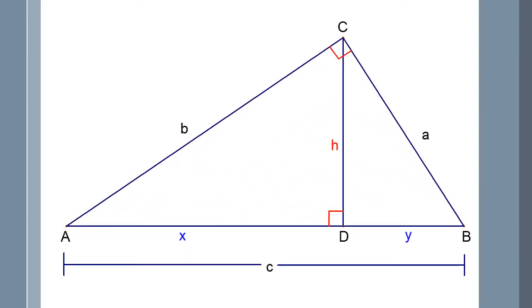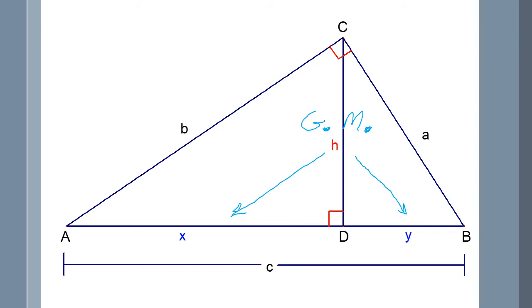Okay, so here's something you may want to jot down. H is the geometric mean, I'm just going to put GM, between those two segments. See how it's between the two of them in the drawing.